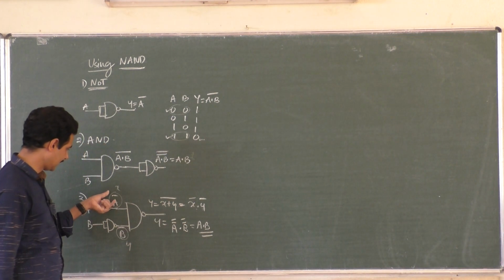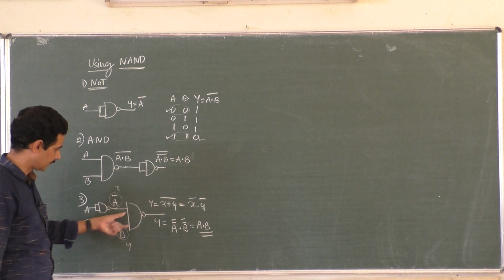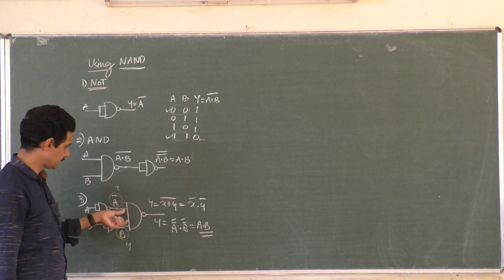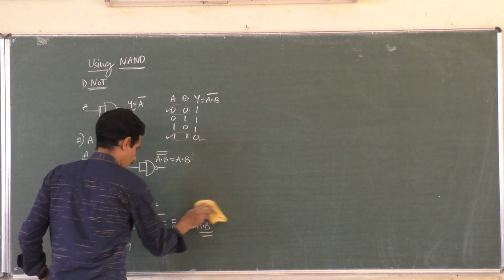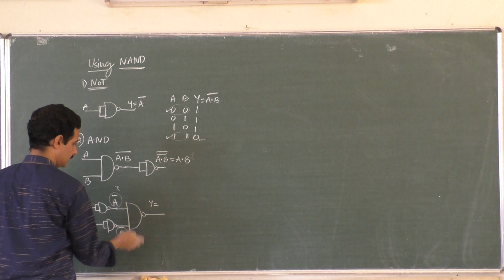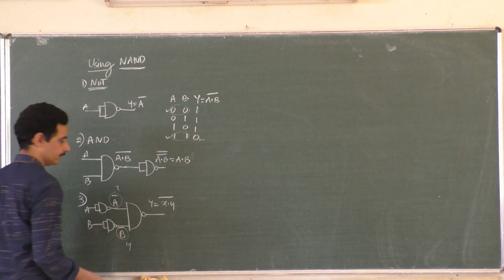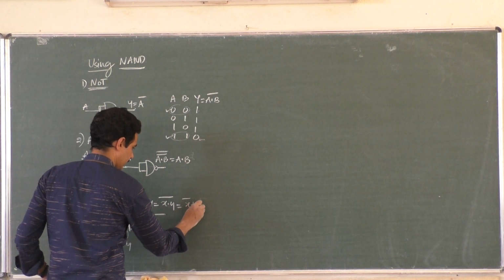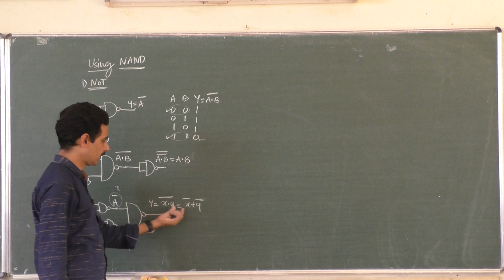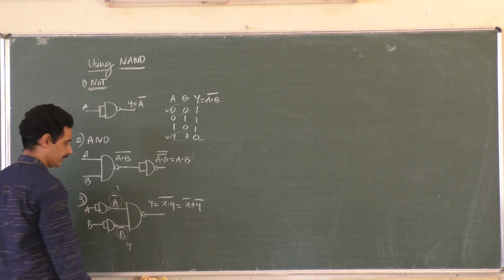This is taken as X, this is taken as Y. This is A, NOT gates, A bar, B bar. Sorry, this is wrong. This is NAND, not AND. That means X dot Y whole bar, that is equal to X bar plus Y bar, right? Complement of the product equals sum of the complements. X dot Y whole bar is equal to X bar plus Y bar.